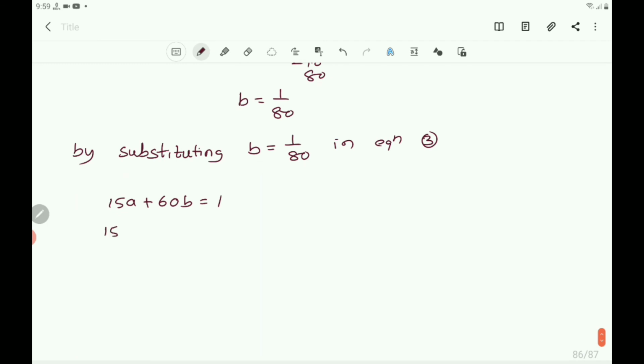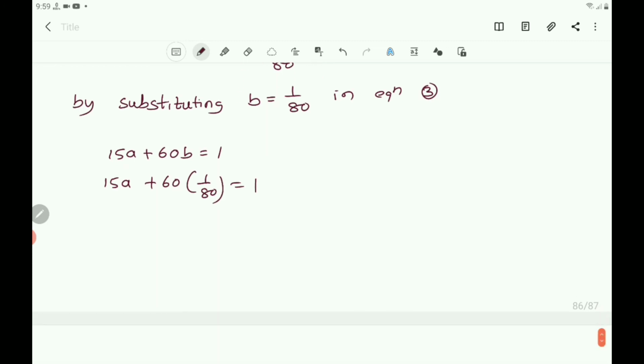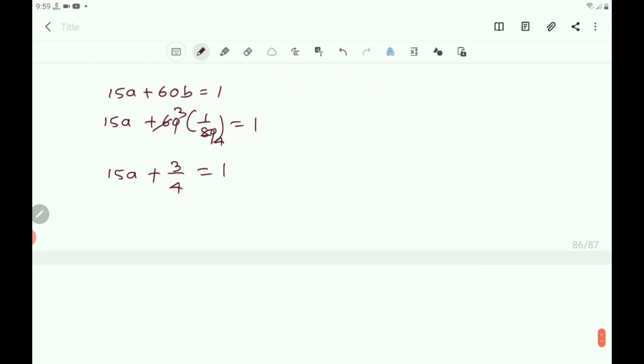We write 15a plus 60 into 1 by 80 equals 1. Now 15a plus, the zeros cancel, 2 3s are 6, 2 4s are 8, it is 3 by 4, equals 1.